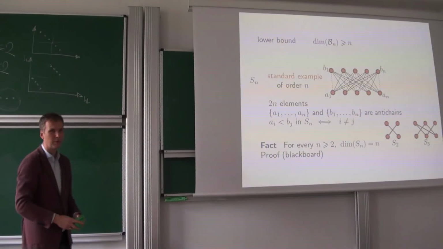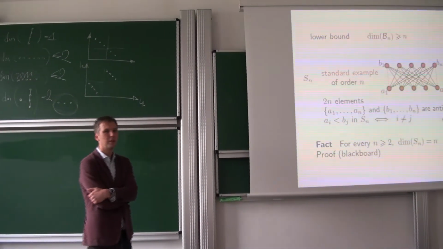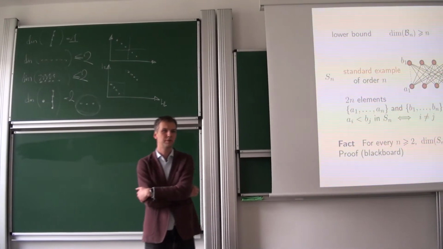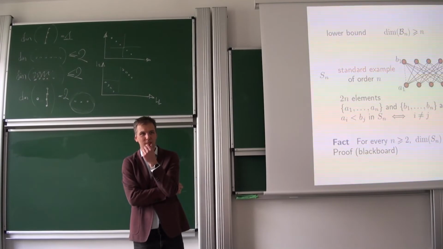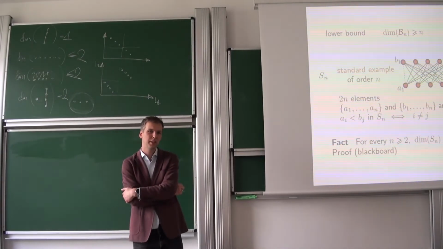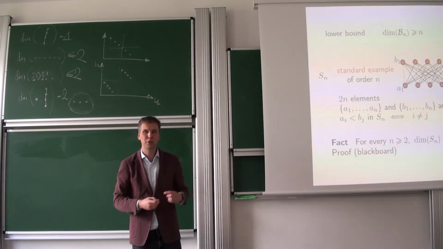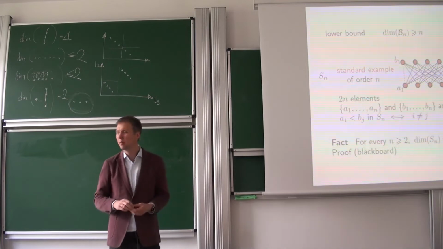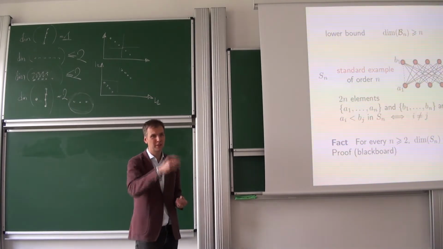For the Boolean lattice, wouldn't it be simpler to just directly embed it in R to the n by putting on the i-th coordinate a 0 or 1 depending on whether the element is inside or not? Yes, it's a matter of taste, Michal, but sure. Then you use the fact that you can use the same value on coordinates, and this makes it handy.